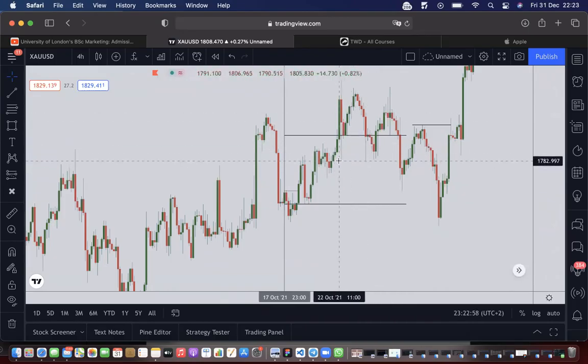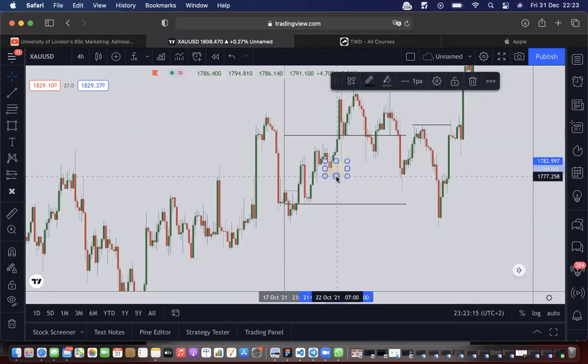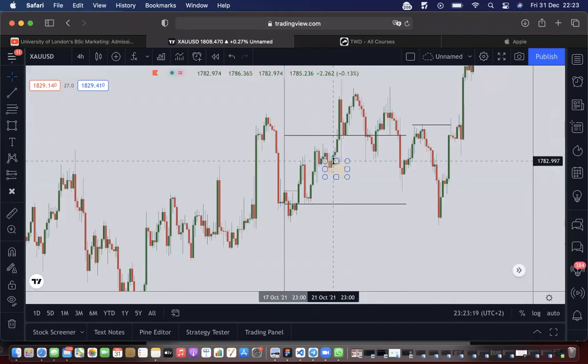So we have a zone here. We have one here, which is picked inside the zone. We have this. We have that. Can you see?